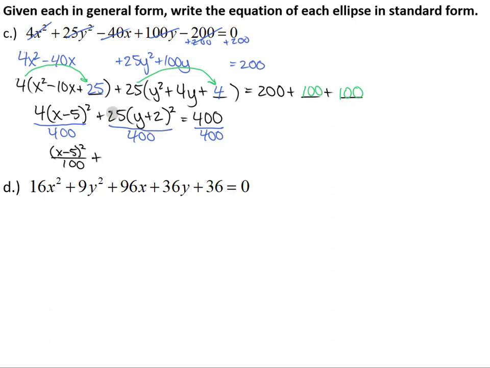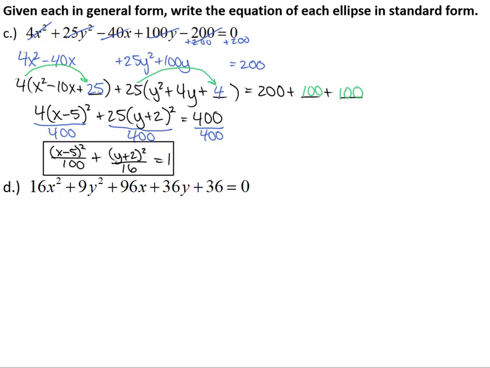Next, when we divide by 25, top and bottom, 25 goes into both. That is y plus 2 squared over 16 and x minus 5 squared over 100. Equals, and 400 divided by 400 is 1. There it is in standard form.